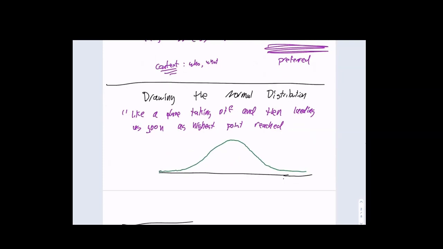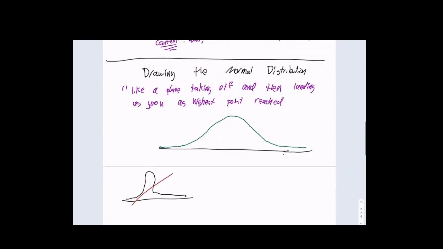Drawing it like this, woo, that's a big no-no. Now we call that the cousin it, or the ghost. This is normal. This is paranormal. All right, that's a ghost right there.